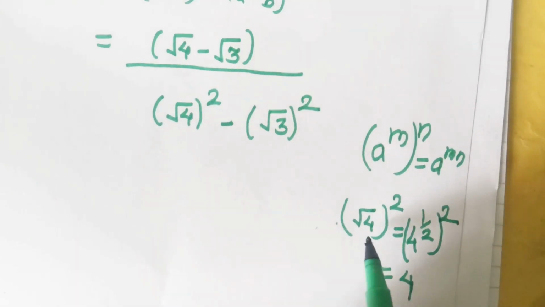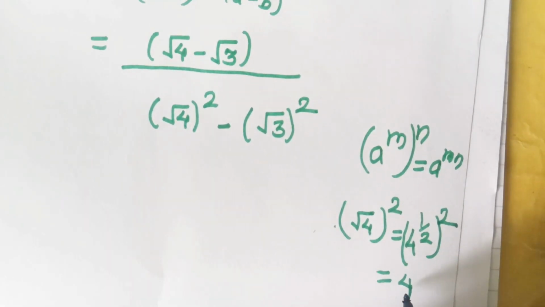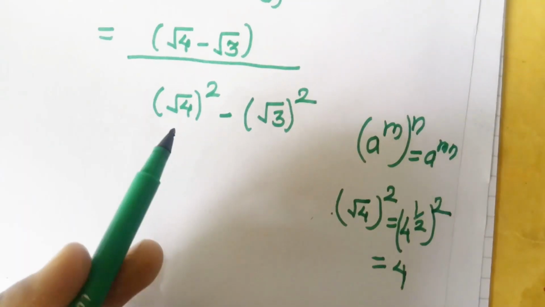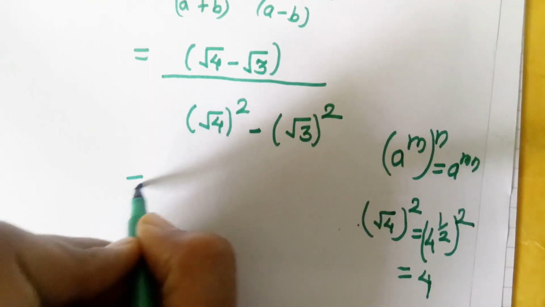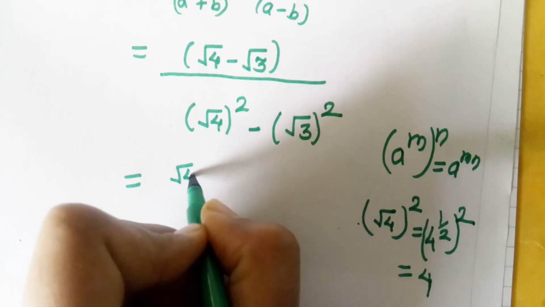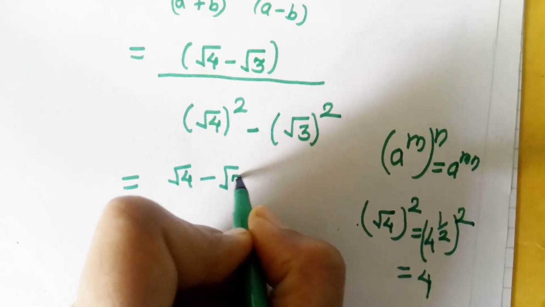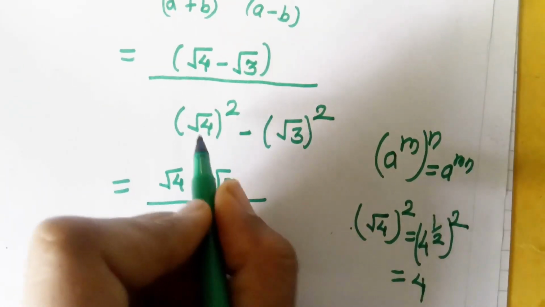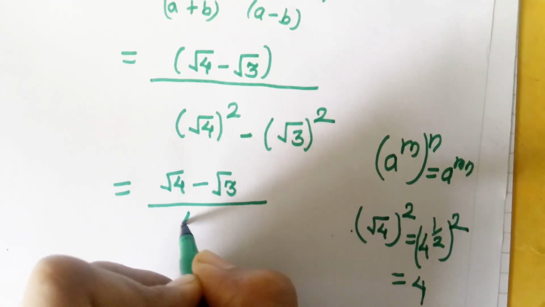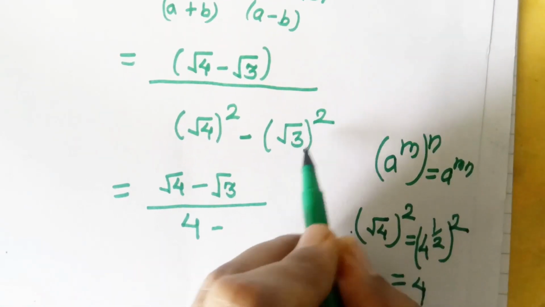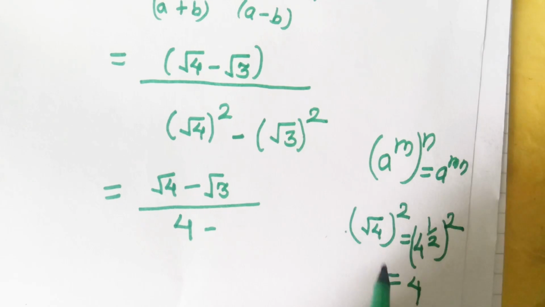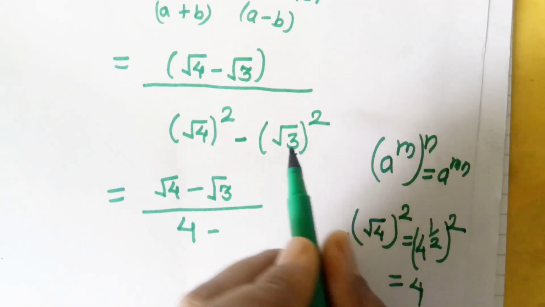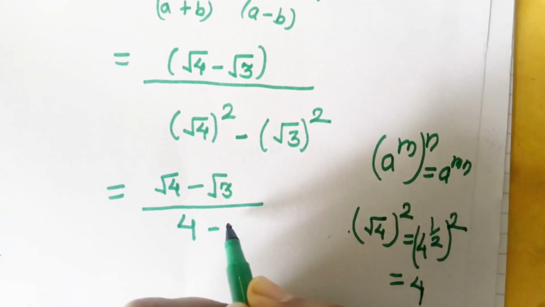So under root of 4 square is nothing but 4. If we use this formula here, then we get the numerator as it is, divided by (under root of 4) square, that is 4, minus (under root of 3) square. Again using the same rule, (under root of 3) square is 3.